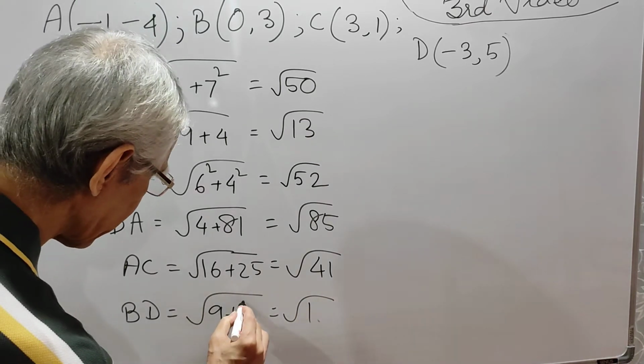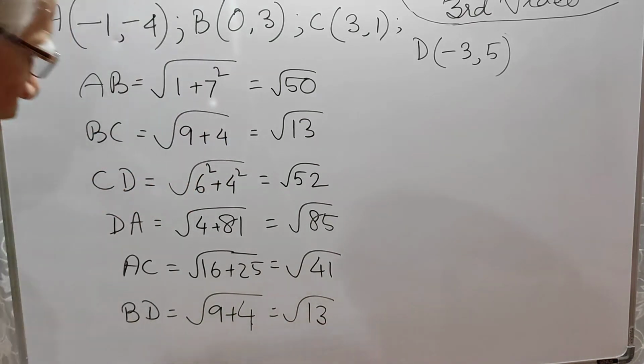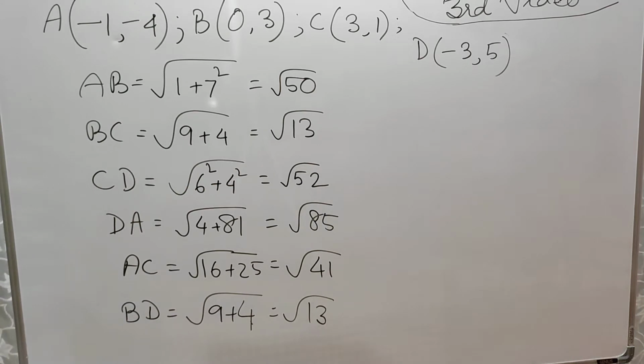So root 13. All right, so root 50, then root 13, root 52, root 85, root 41, and this. Okay. All right, now let us see.